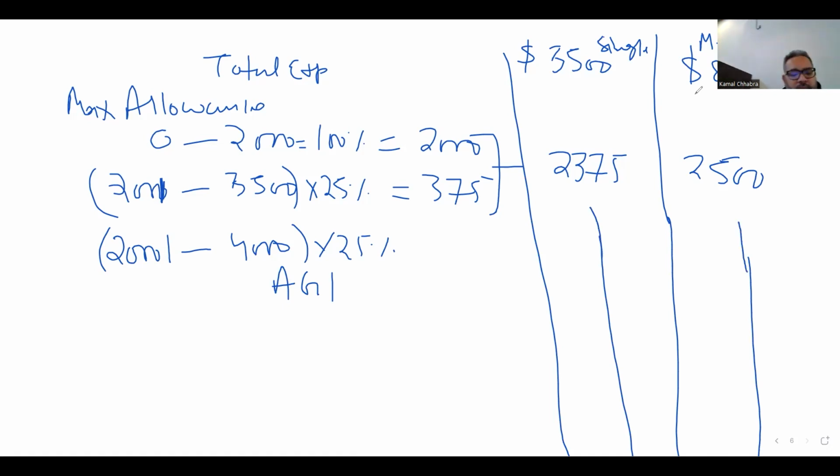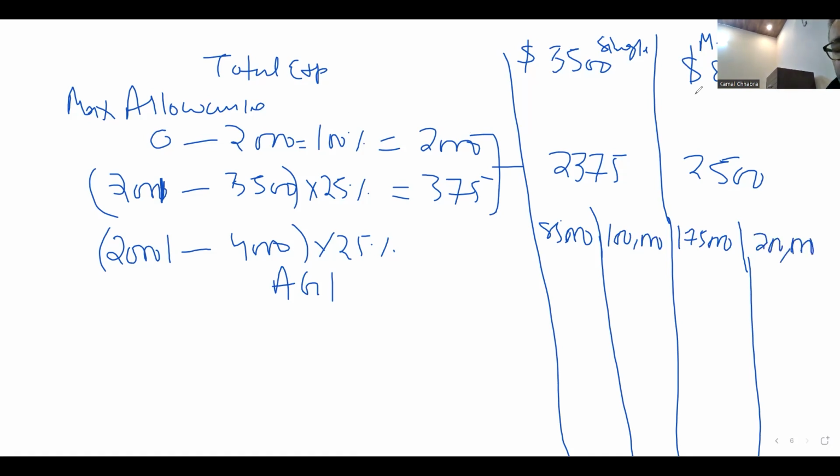So what is the AGI limit? It is 80 to 90,000 or 160 to 180,000. So let's say AGI is $85,000 or let's say $175,000, and another is $100,000, or here it is $200,000.